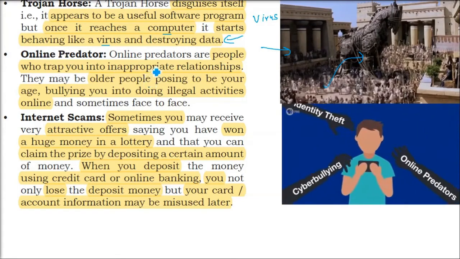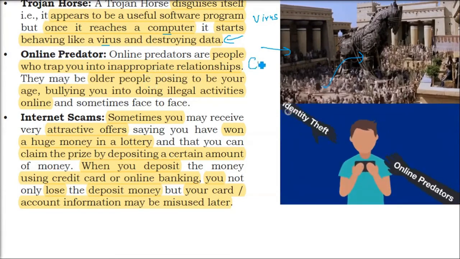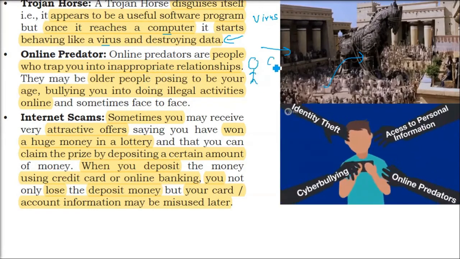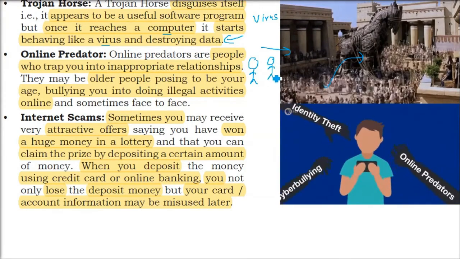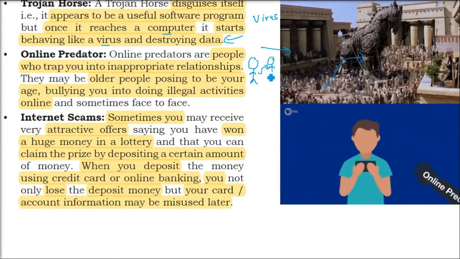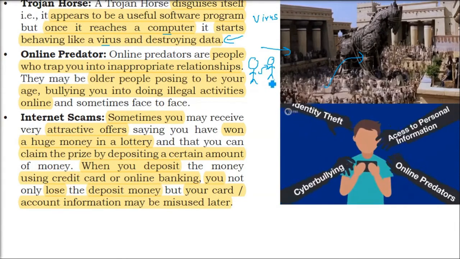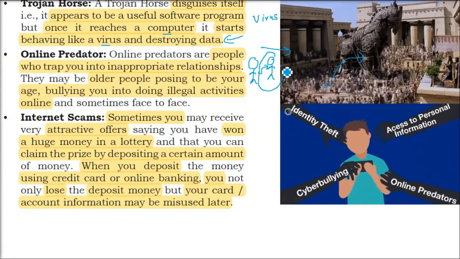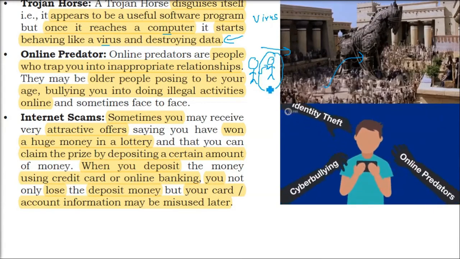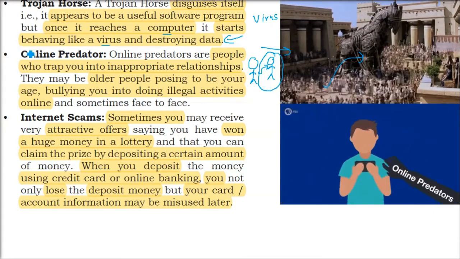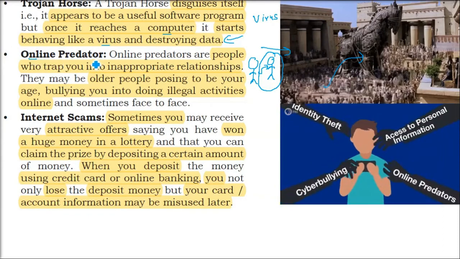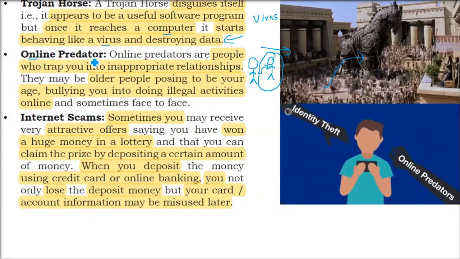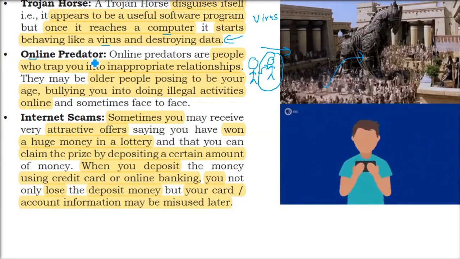Online predator. What does it mean? You have seen the boys, the men, they try to allure women, girls, and they just want some inappropriate relationship. They want to trap them. They just want to use their body. These are online predators. Online you will find various people like this.